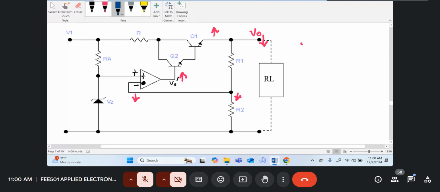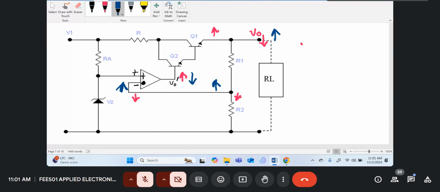On the other hand, if the load voltage decreases, when initially it was at V0, and I decrease the load, the tendency of the output voltage is to increase, and therefore the voltage which is sampled will also increase, and therefore the voltage fed to the minus input will increase, and therefore the output voltage of the op amp will now decrease because it's inverted, and therefore the drive voltage to Q1 will decrease, and therefore the drive current of Q2 will decrease.